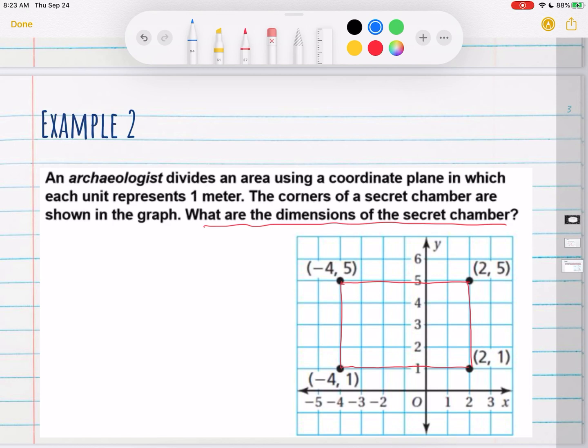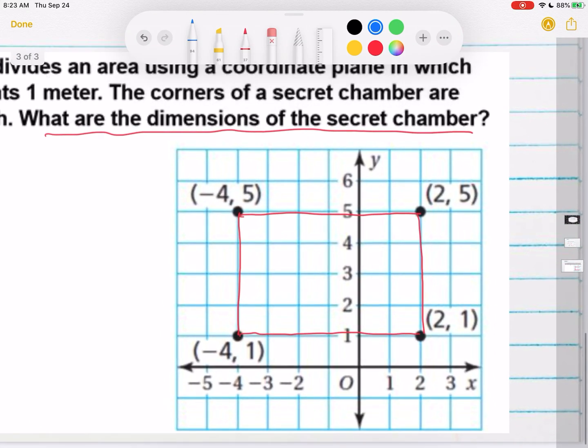So let's see. There's a couple different ways you can do this. Well, first of all, I made a rectangle. Well, let's see. One dimension, our length would be 1, 2, 3, 4, 5, 6, right? And our width would be 1, 2, 3, 4.